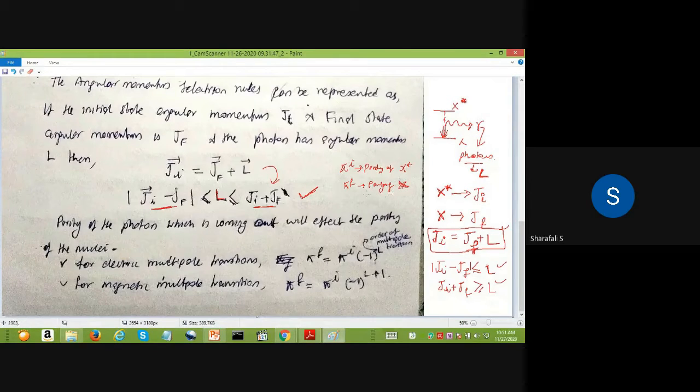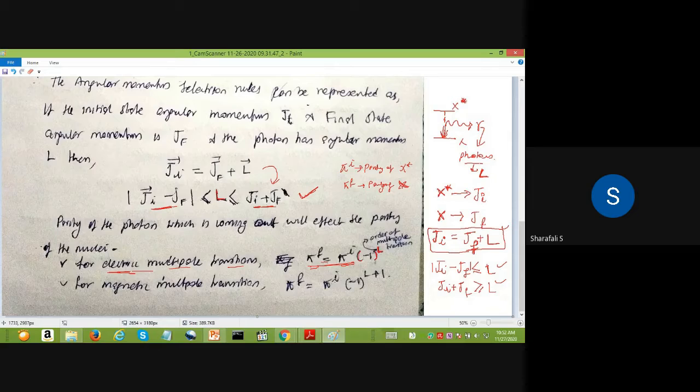So the parity of the ground state nuclei should be equal to the parity of the excited state nuclei times minus 1 to the power L. If it follows this condition, then it is called an electric multipole transition.